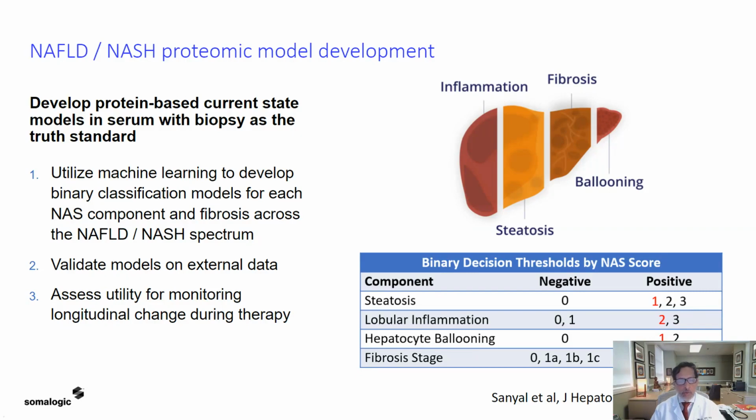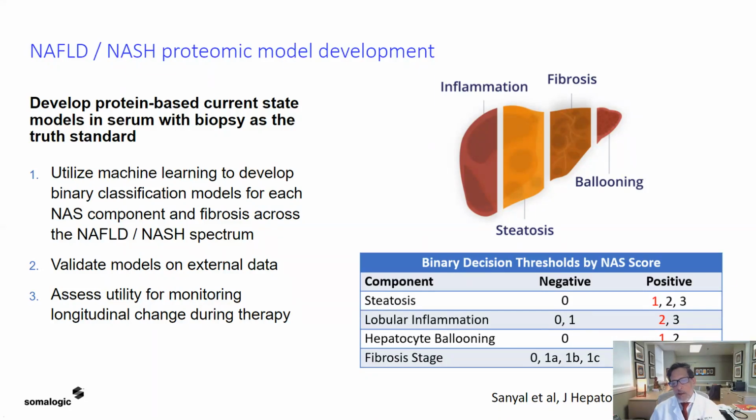So the idea is to do a liquid biopsy and to utilize machine learning to develop binary classification models for each NAS component and fibrosis. Remember, the NAS components are steatosis, inflammation, and ballooning. Then we validate these in specific independent data sets and assess the utility also to monitor longitudinal change during therapy.